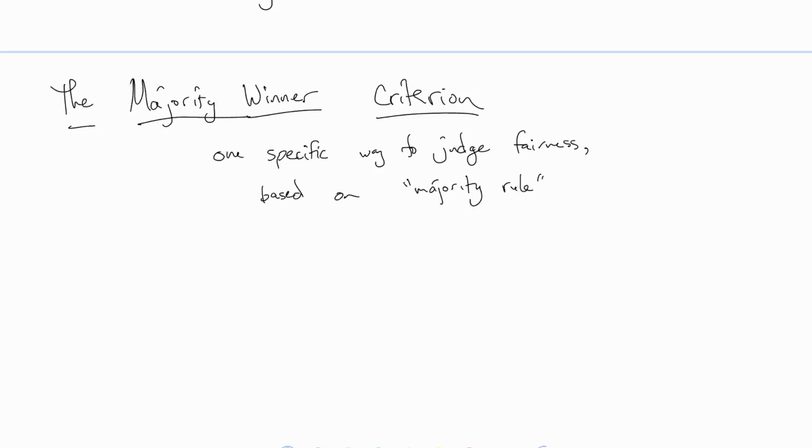But anyway, this is one specific way to judge fairness based on the concept of majority rule. The idea here is, we all know when people vote, you don't always get somebody who goes over 50%. But I think we should all agree, certainly if somebody really does go over 50%, then they ought to be the winner of the election. So that's the idea behind the majority winner criterion.